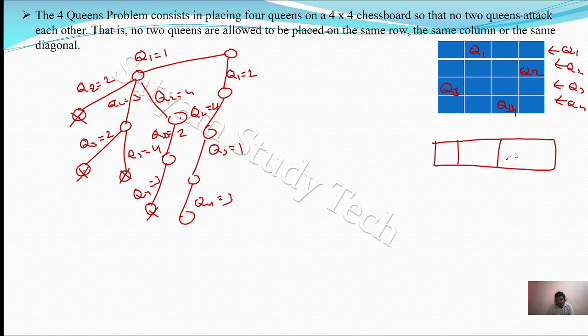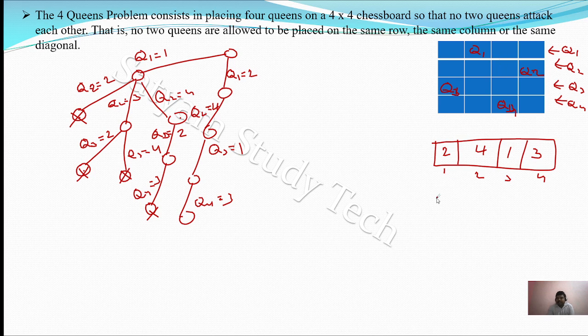Now you can note down that queens are already fixed in the rows, so we find the columns: Q1 in the second column, Q2 in the fourth column, Q3 in the first column, Q4 in the third column. This is one solution. Another solution, you can expand this tree.